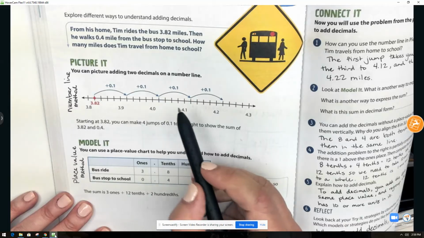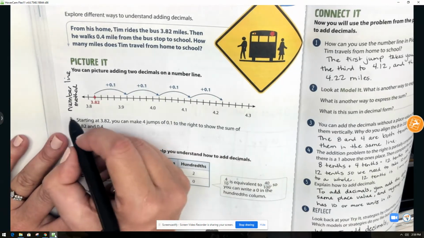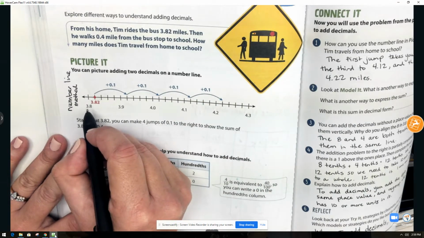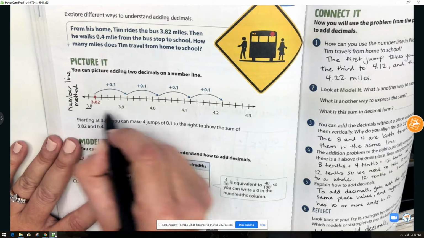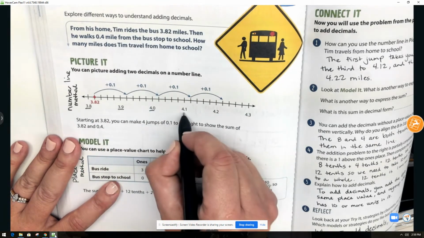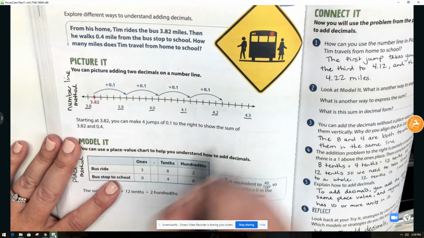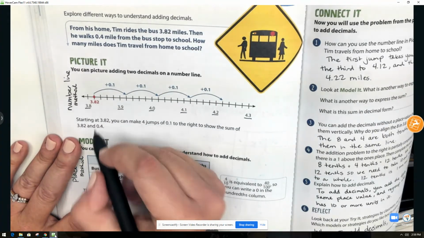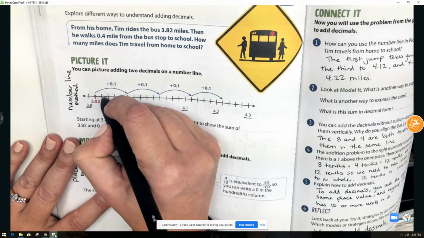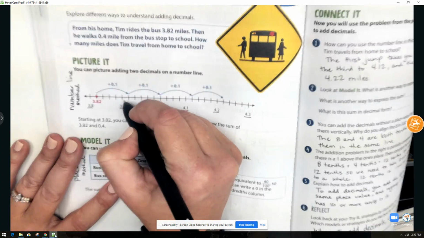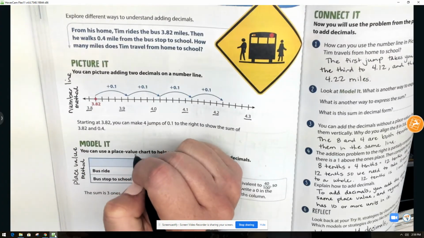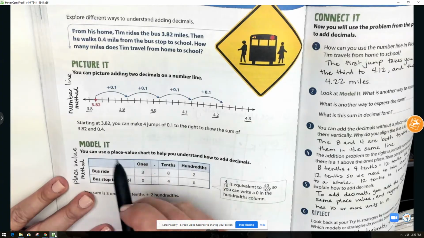So the way this number line method works is, each of these is a tenth, okay? And then each of these tiny little tick marks is 2 hundredths. I know that's tricky.